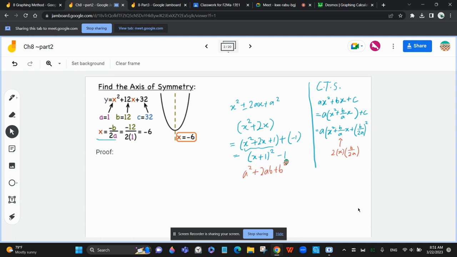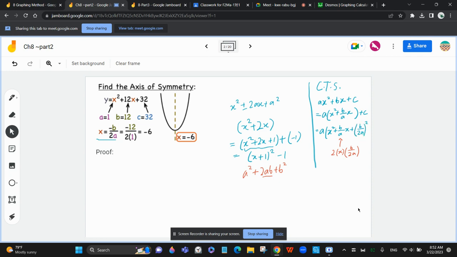So we need to complete the square by making the middle term equal to the form 2 times a times b. So we need 2 times a, which is x, and b, which is b over 2a.